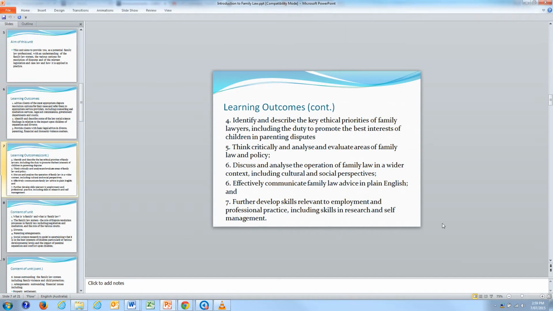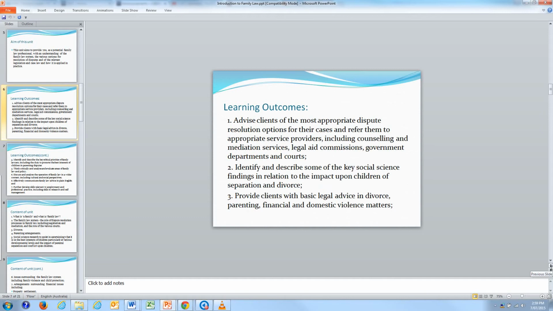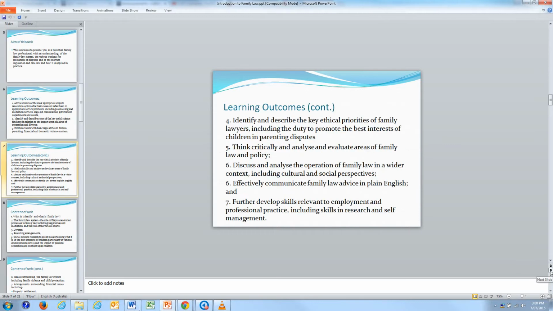You'll also be able to provide clients with some basic advice in relation to divorce, parenting, financial and domestic violence matters. We'll also be looking at some ethical issues, particularly a family lawyer's duty to encourage their clients to come to child-focused parenting arrangements.